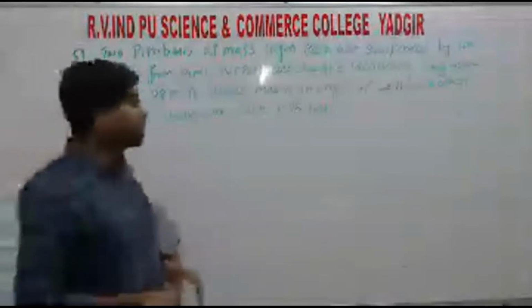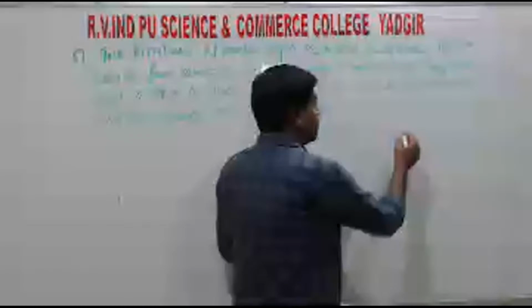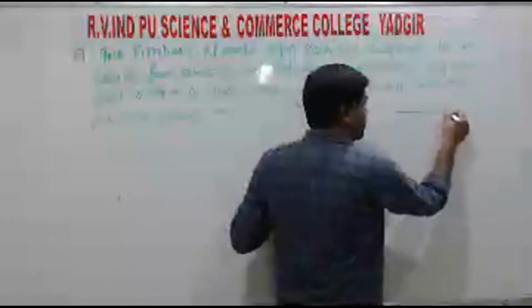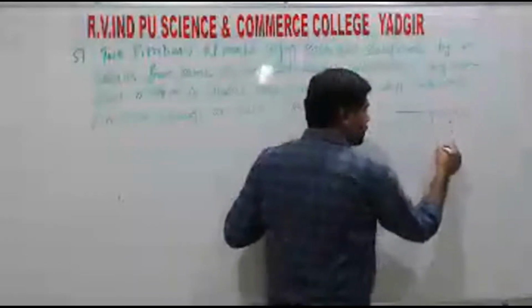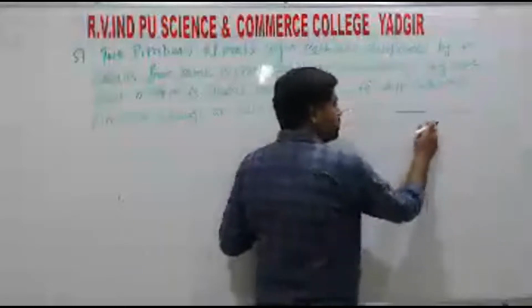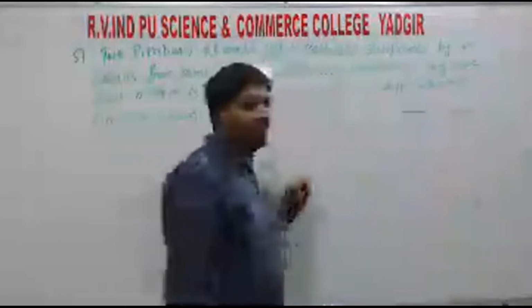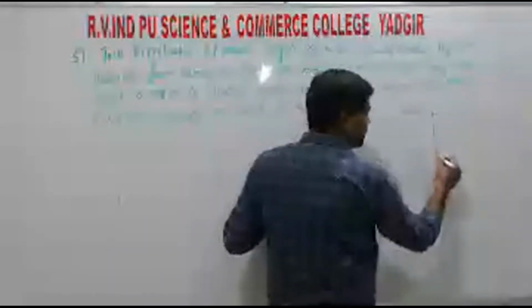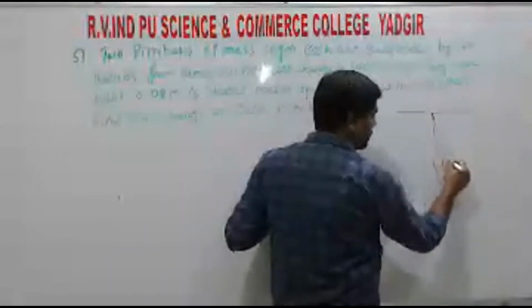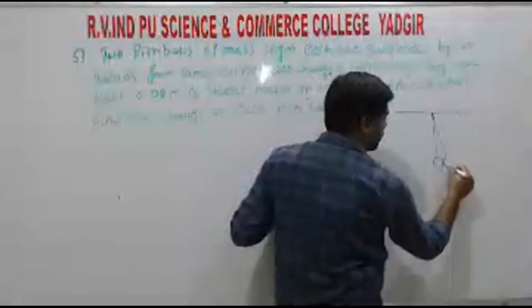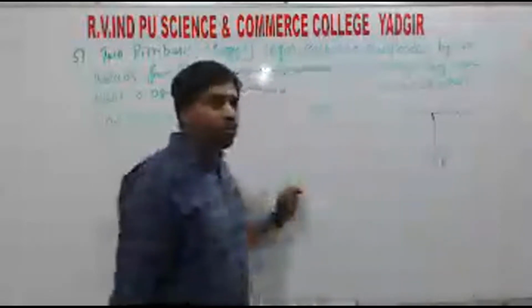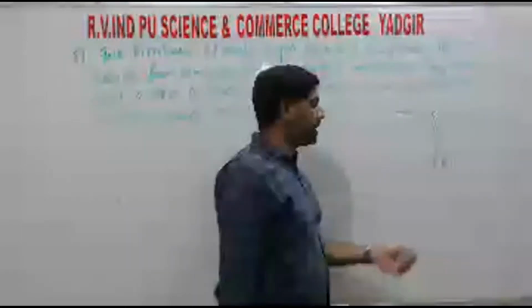So in the question they have given that we have a rigid support. From this support, two pith balls are suspended. That means two spherical metallic balls are suspended, right? So these two get charged. Initially we have two balls here like this, right? These two spherical balls get charged identically.